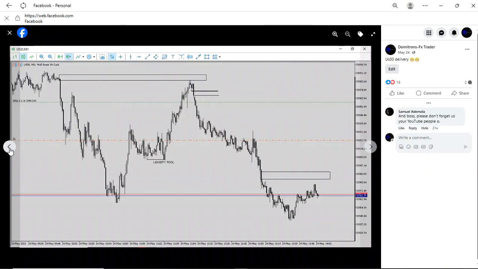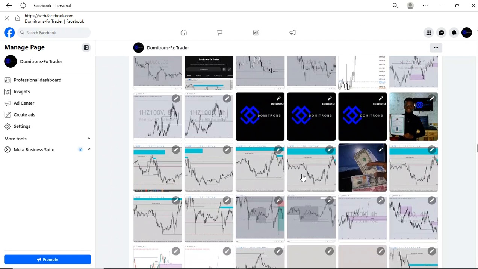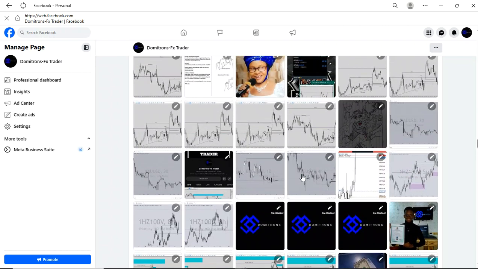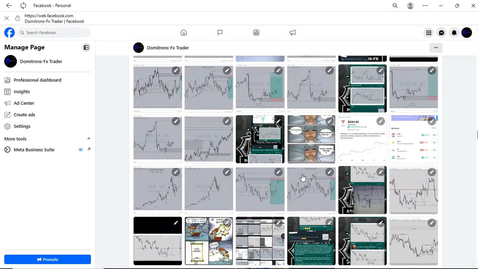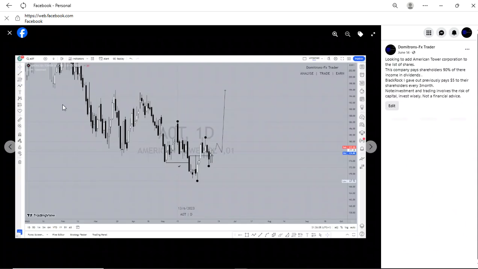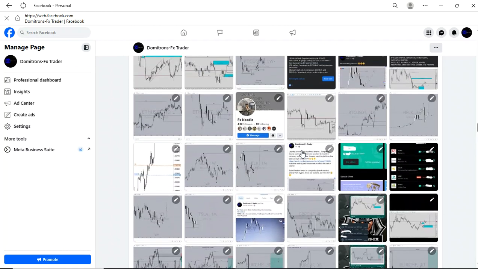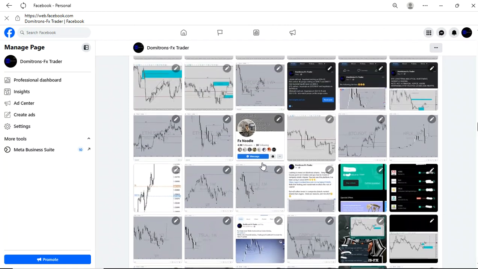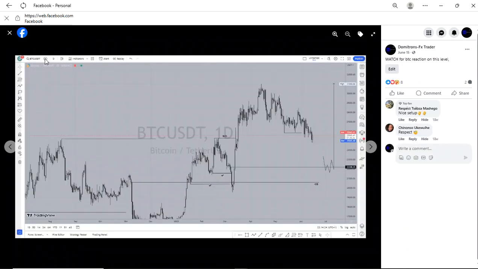So let's just look for it. I'm sure I posted it. Okay, so be patient with me. I want to really show you guys something. What is this? No, not this one. My BlackRock didn't play out well because it's now bearish, due to the news impact.